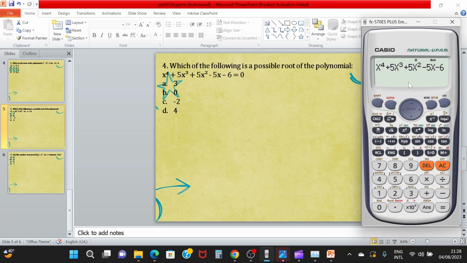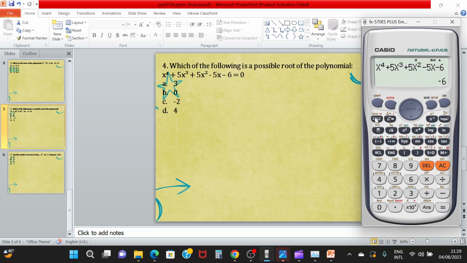Then, what you need to do is calc and then i-encode mo ang bawat choices. So, you have A, 3. So, 240, hindi. Dahil dapat, para mahanap mo yung root, dapat maging 0 ang result. So, hindi 3. And then, calc ulit. Calc 0. Negative 6, hindi ulit.